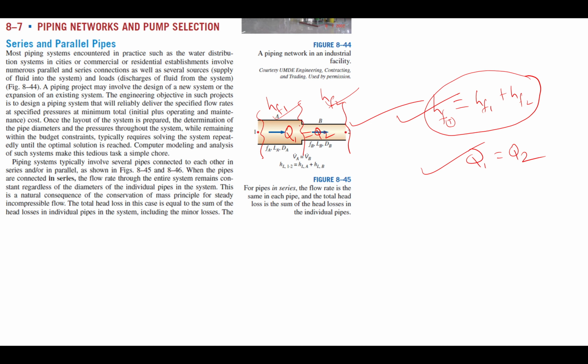If some pipe was added here, then your Q will be different, but here only one pipe goes in this direction, and it will meet, come at that and come at that, so this is pipes in parallel.